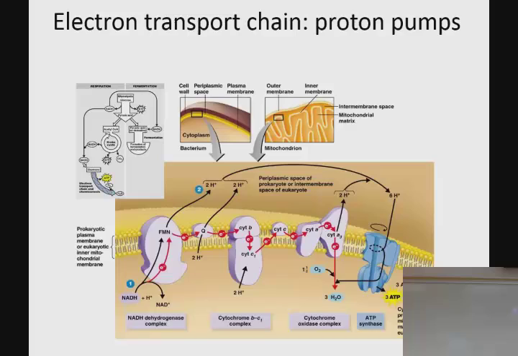There's lots of positive charges, they're crowded, they don't like each other very much. There's a lot of space, it's so nice over here. So where are they going to go? They want to come back, they can't cross the membrane, but they can come back through this channel, which just so happens to be just like the turbine in a dam. It is a turbine, and as the hydrogen protons come back through here, it spins the turbine. That kinetic energy is used to make ATP from ADP and inorganic phosphate.